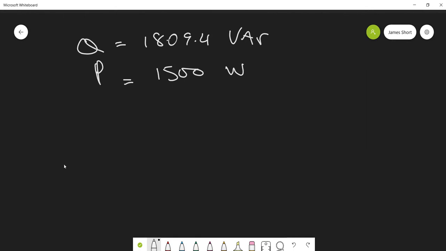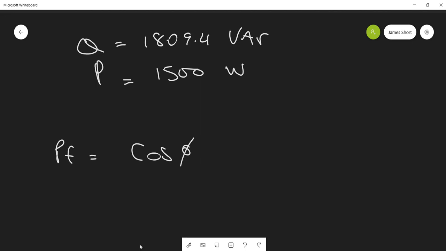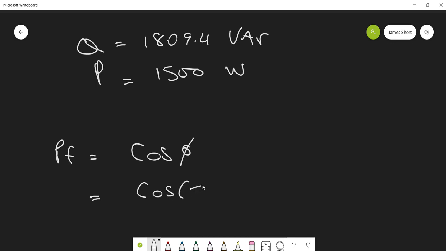If you were to ask for the power factor, you do cos of theta. So we'll do that anyway, just for the sake of it. So the cos of 50, is it 50.35, wasn't it? 50.35.